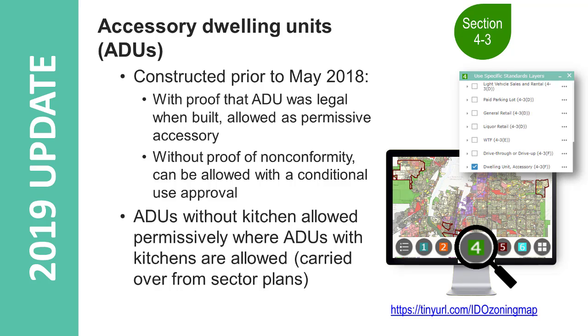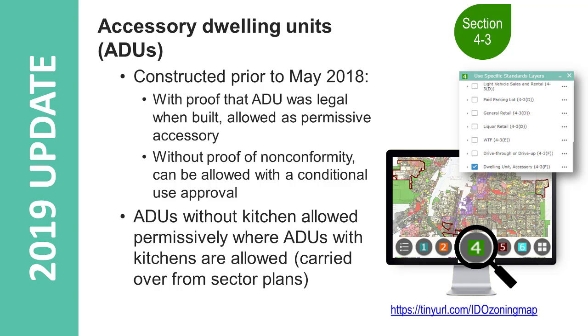In 2019, the city council finally said, look, if you can prove that it was built before 1959 when it was legal because we didn't have zoning, then we're just going to consider that you have a permissive use. So basically legalizing your existing unit.